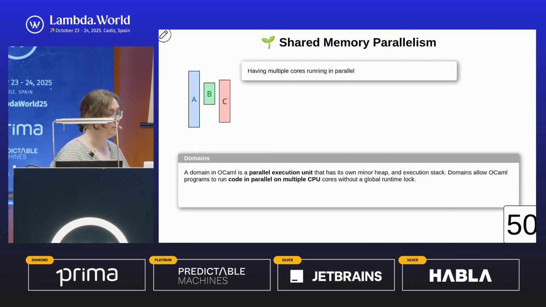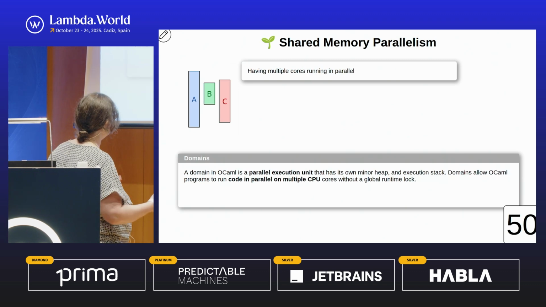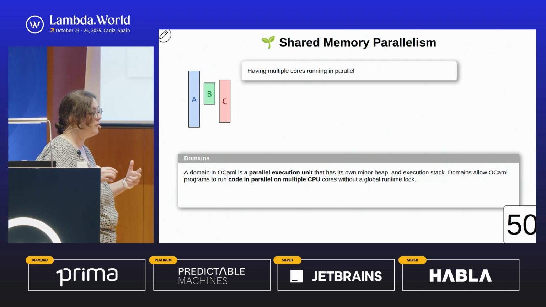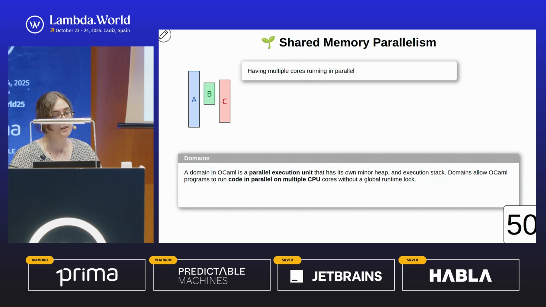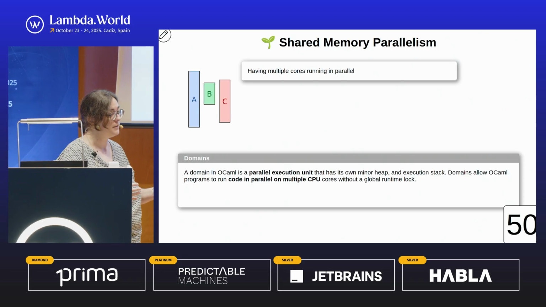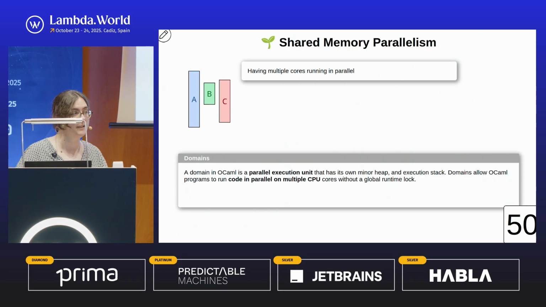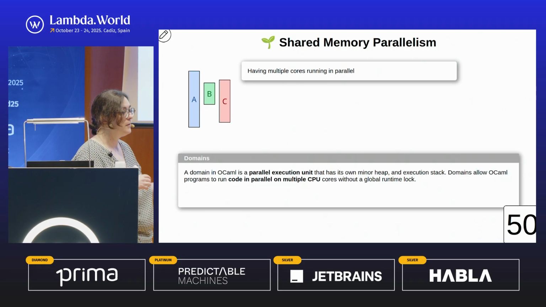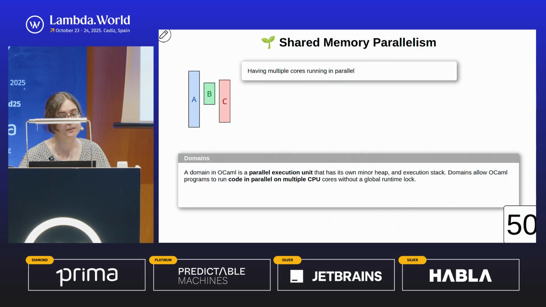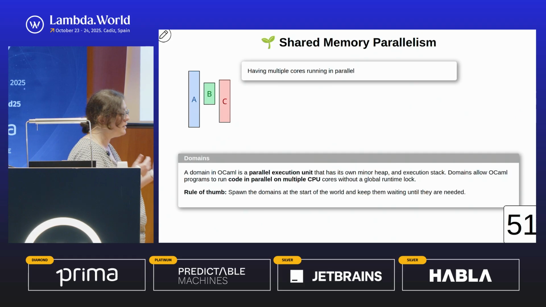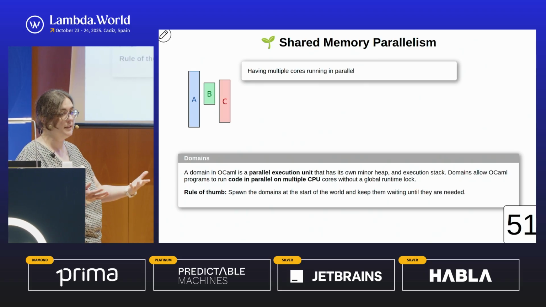We call them domains. And so a domain in OCaml is a unit of parallelism. Domains come with their own minor heap and execution stack, so they are quite heavier than the classical pthreads that you may know about. So the rule of thumb in OCaml is actually to spawn the domains at the start of the world and then to have them waiting until you need them.